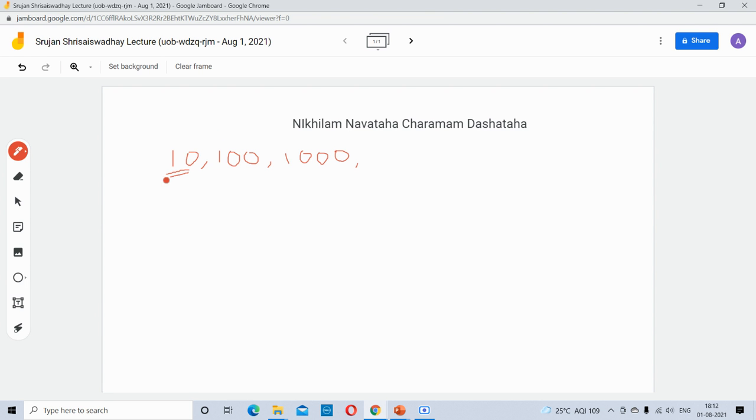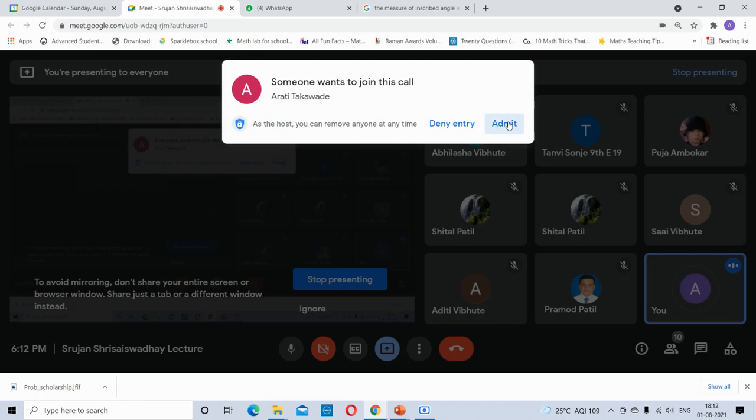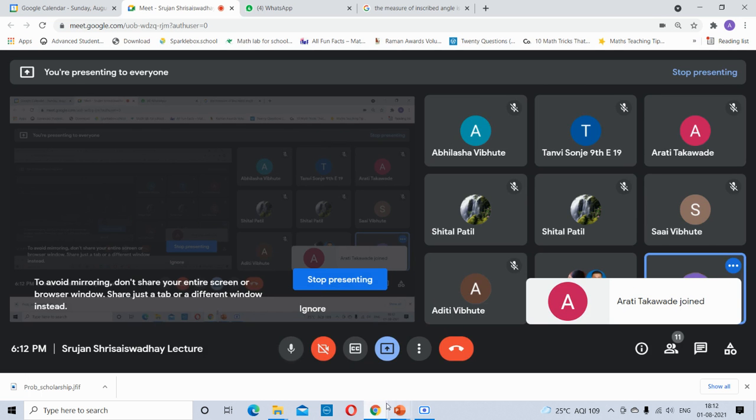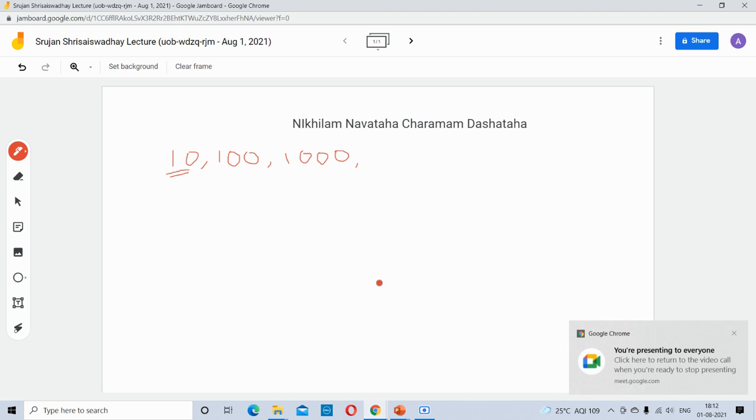Using that, we are going to calculate multiplication by a very easy method. Okay, so that is also quite possible to start with.